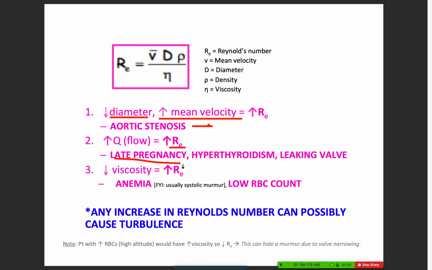So think about late pregnancy, a woman who has 1.5 times her normal blood volume. Pregnant women end up getting a lot of extra blood volume. It's physiologic, it's totally normal. It's what she needs to support that growing baby, but it can have effects that are appreciable on physical exam.